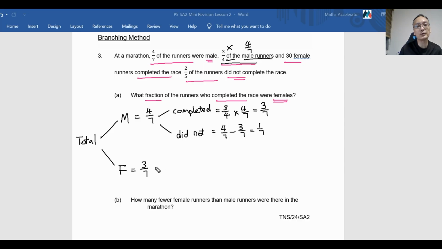So the female, we also have two branches. So over here, we have completed and did not. We need to find how many females completed, which is this portion, right? Let's highlight over here.